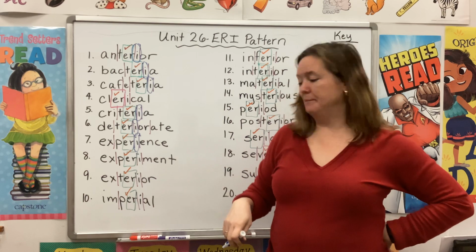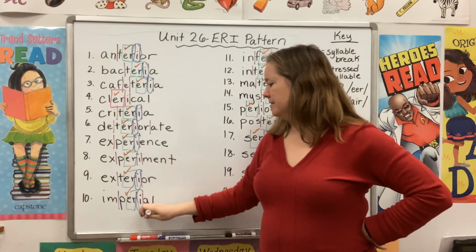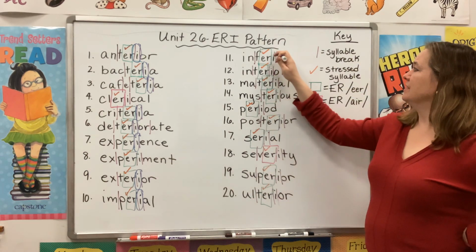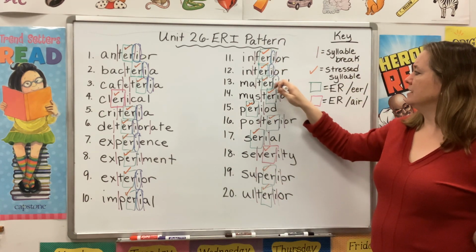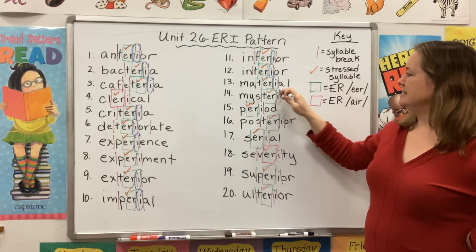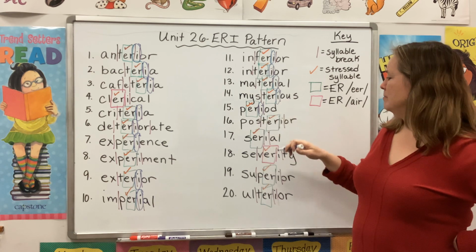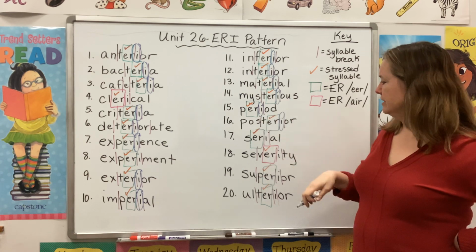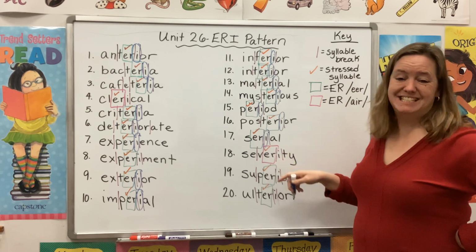Experiment, skip that one. Exterior. Imperial. Inferior. Interior. Material. Mysterious. Period. Posterior. Serial. Severity, we'll skip that one.